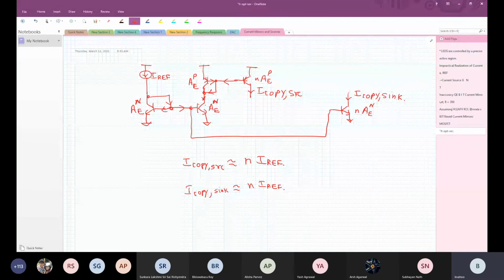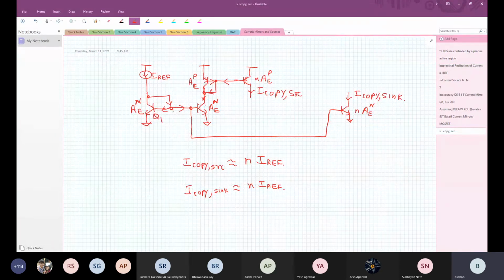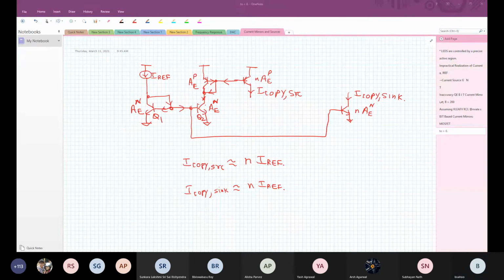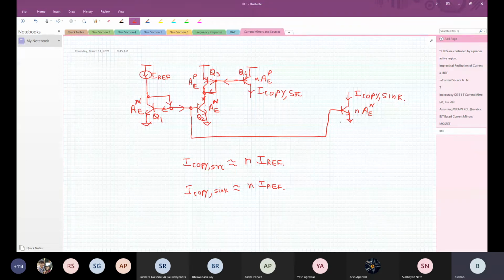Exact same thing can be done for a MOSFET. You replace this with a MOSFET. Okay, so let's call it Q1, Q2, Q3, Q4, and Q5.